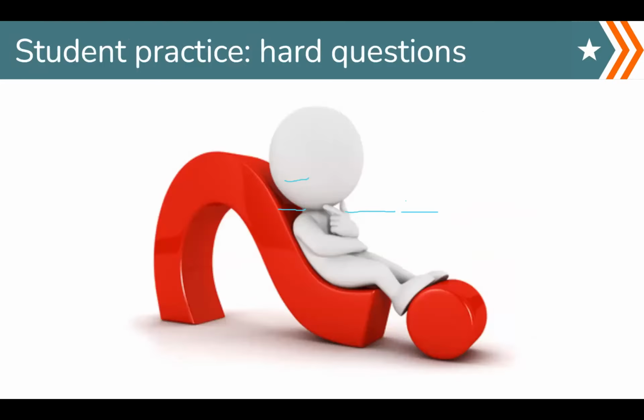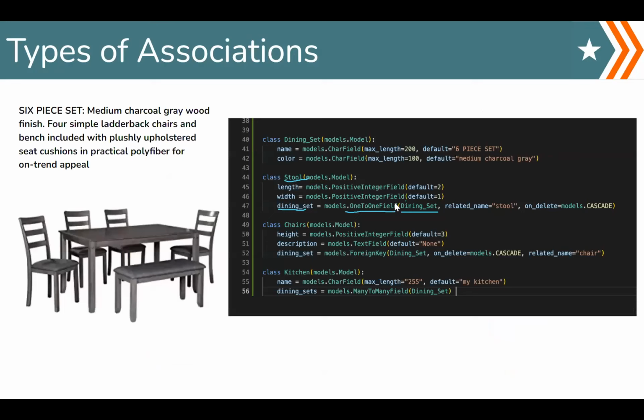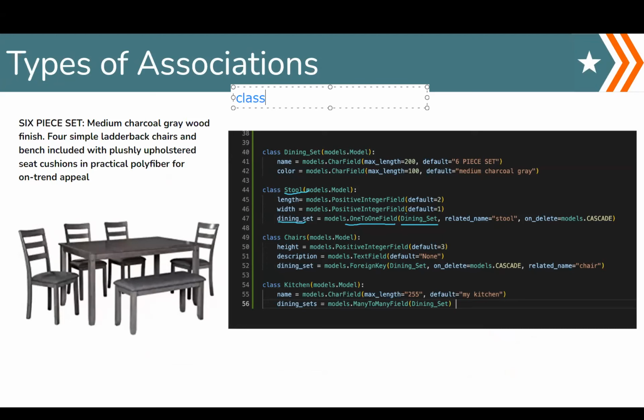The way that we can flip those arrows back around is by using the related name feature. The related name basically, it doesn't exactly create, but you could think of the related name as putting something in our dining set class. Class dining set, and then that'll basically introduce a stool equals models.OneToOneField stool. Let me make that bigger.